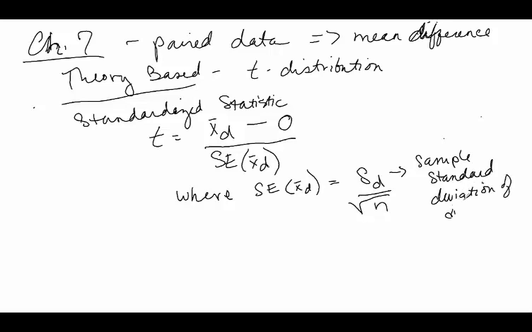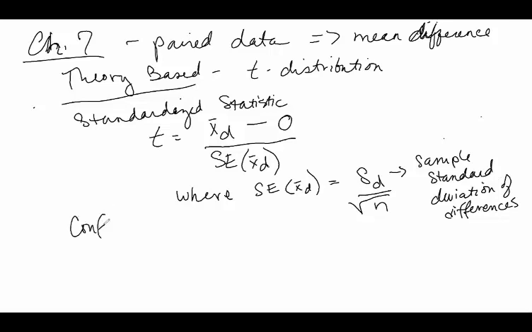This could be given to you, just saying the sample standard deviation of the differences was this value, or from the applet, you have the red and the blue distribution, and then you have the black distribution that's showing the differences, and it's on that output as well.